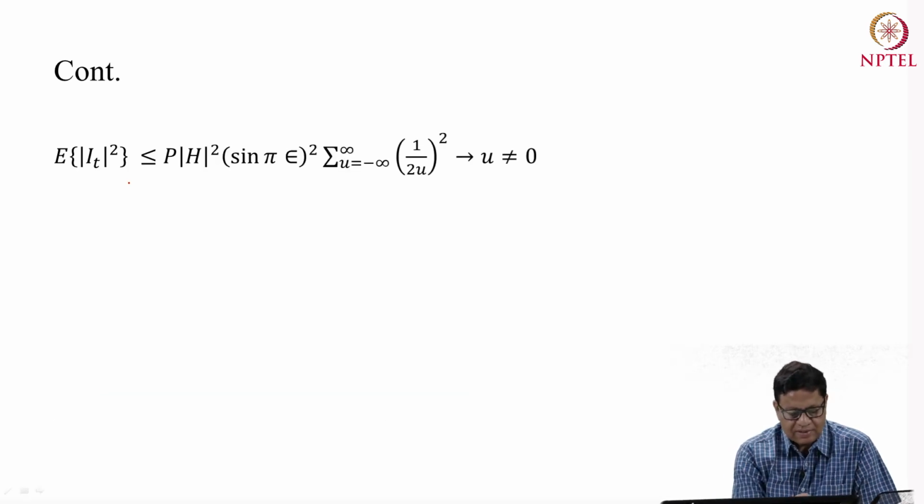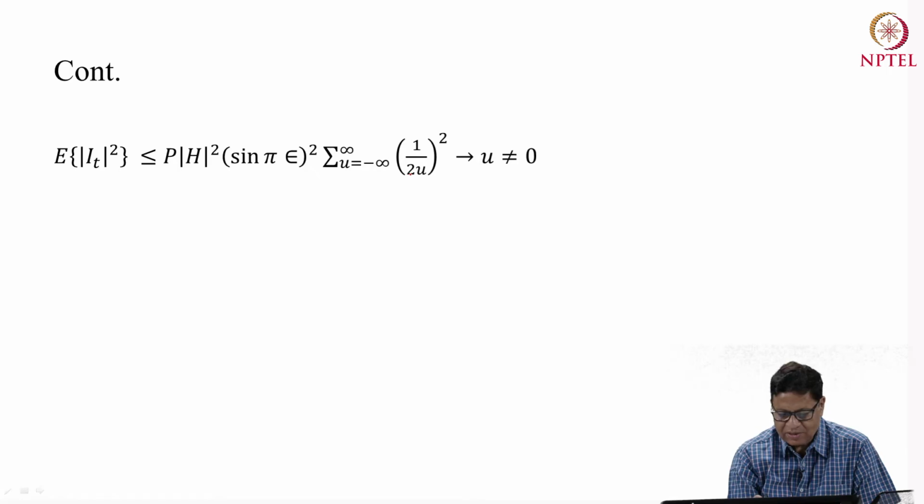What I get is that the expected value of the interference power is less than or equal to P|H|² sin²(πε), and then we have this summation with u not equal to 0.